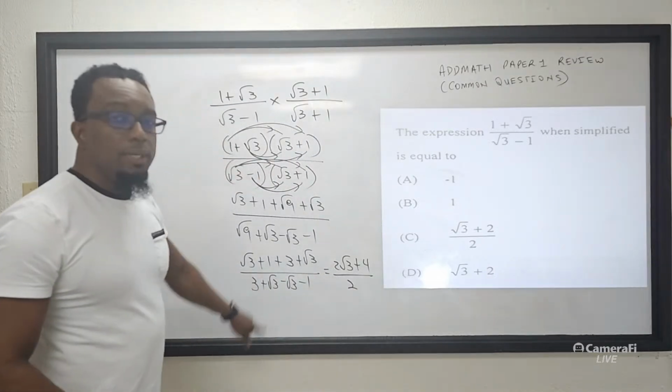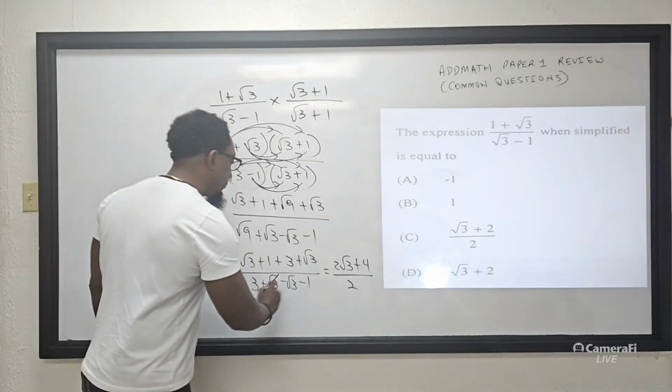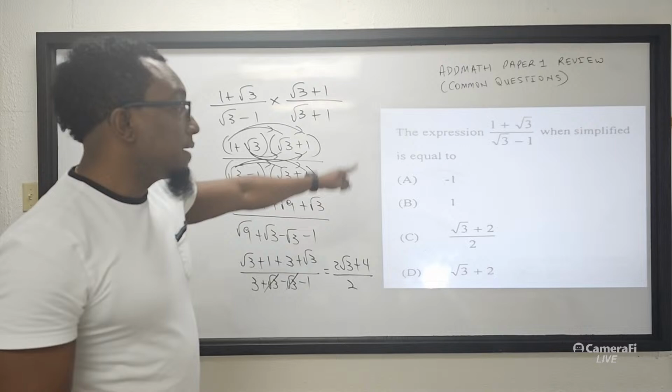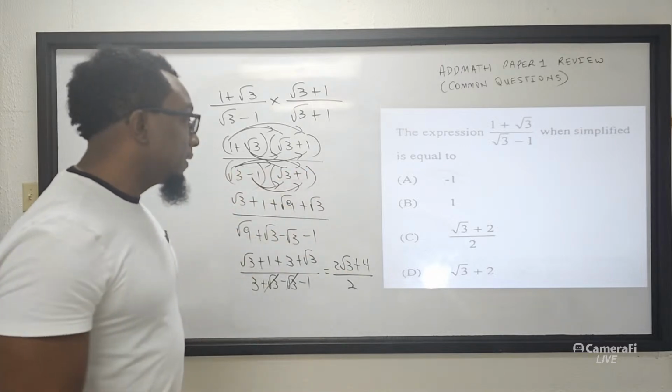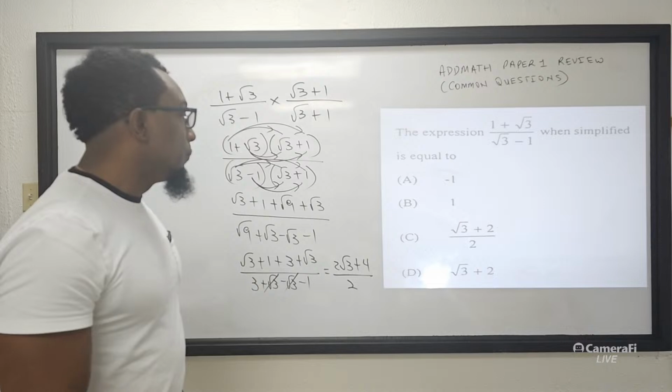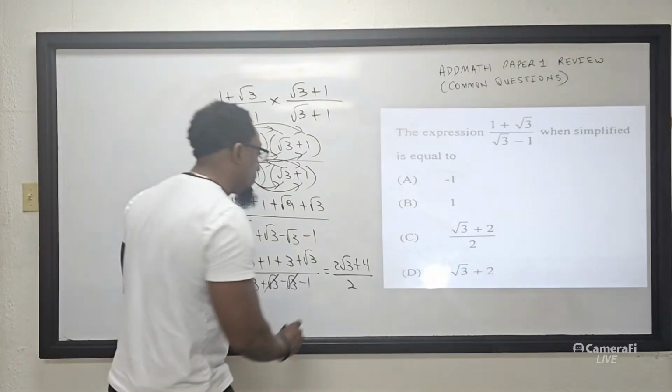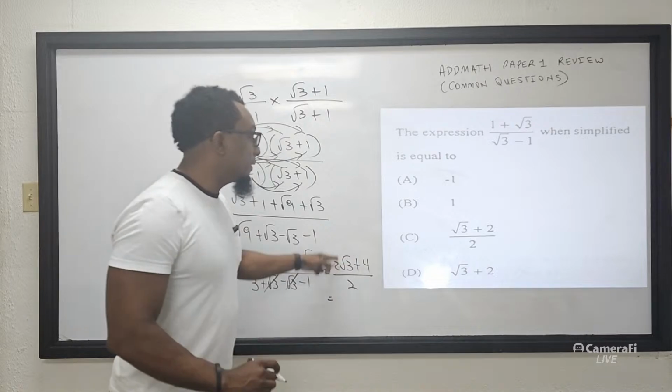And the square root of 3 minus the square root of 3 is 0. So you have 2 in your denominator. But of course, that is not in any of the options we have. So we need to simplify that further. So to simplify that, what can we do? We can factorize the numerator. In my numerator, I can factorize this numerator.